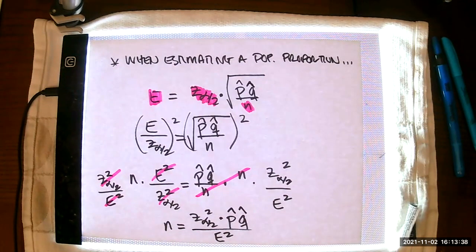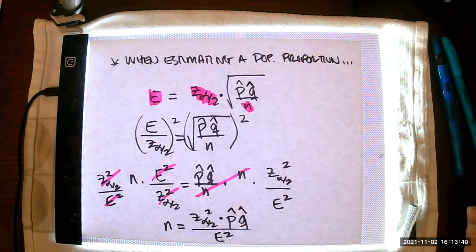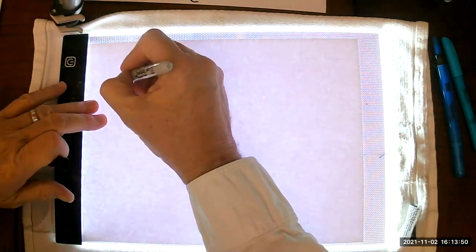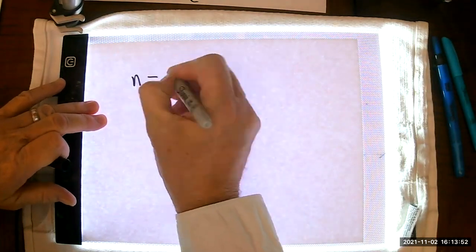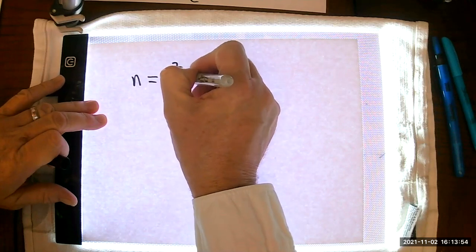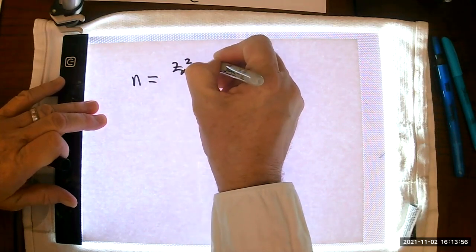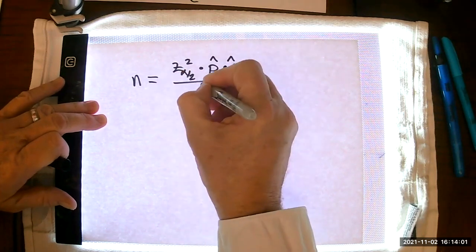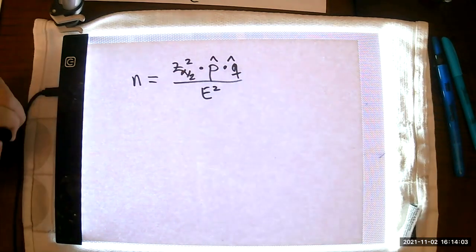There's only one thing weird about it, and I'm going to go into that on my next sheet here. So I have n equals z alpha over 2 squared times a p hat times a q hat all over an E squared.